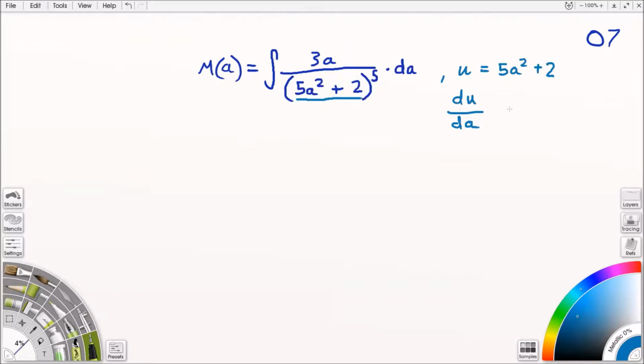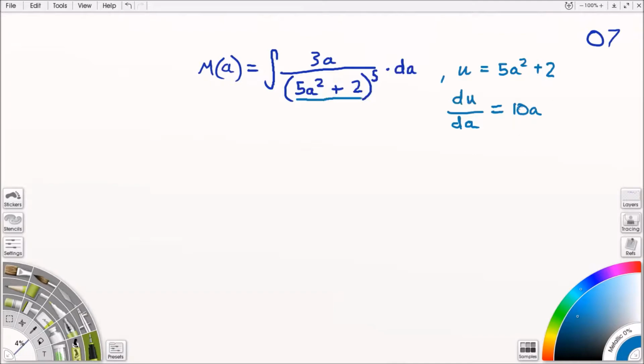Pretty much what we're saying is we're taking the derivative of u with respect to a here, so that we can eventually cancel out all the a terms, and only then be able to take a new integral with respect to u. That probably made no sense to someone who hasn't seen this before, but hopefully this practice will help.